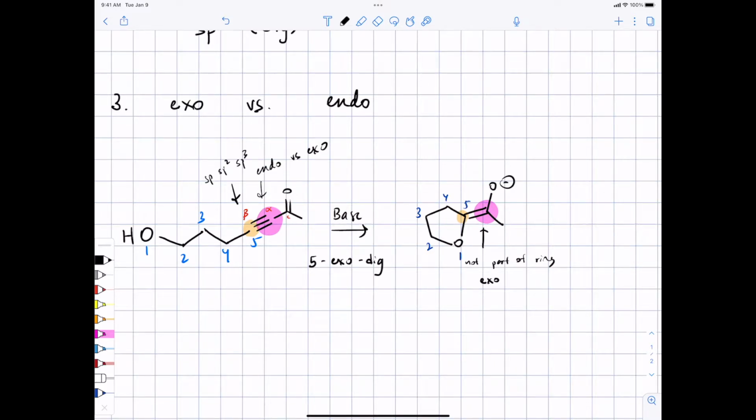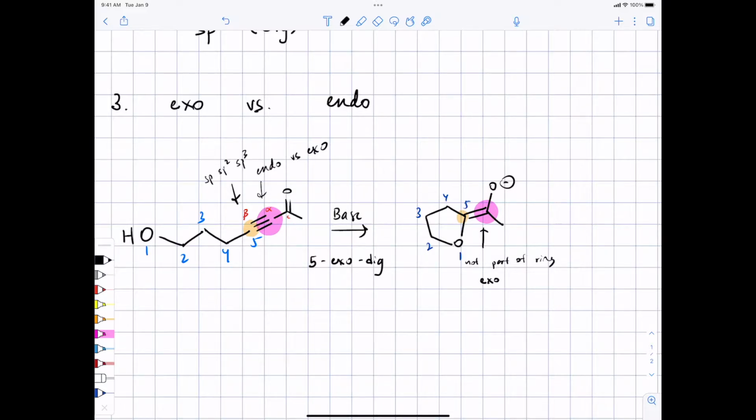And so Baldwin's rules, and I'm not going to copy them down because I don't think they're really worth memorizing, but you can look at them and you will hear people talk about them. If you're going to be doing a lot of intramolecular cyclization reactions, you should know them. Because if you're giving a progress report and you say, well, we tried this cyclization and it didn't work, then one member of your committee is going to ask, well, what kind of cyclization is that according to Baldwin's rules, and would you expect it to work, and why didn't you think about that?